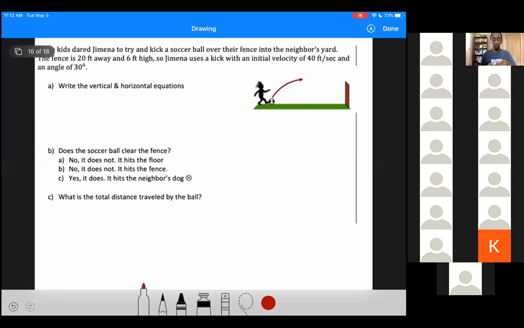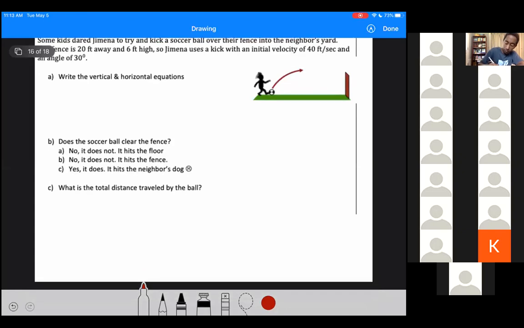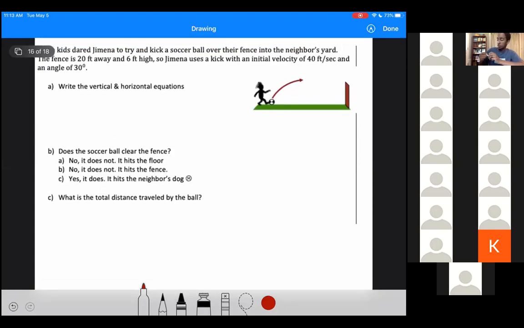So Tammy, can you help us with setting up the first two equations? Okay, so for the vertical equation, I did t times 40 times the sine of 30, minus 1/2 times 32 times t squared.